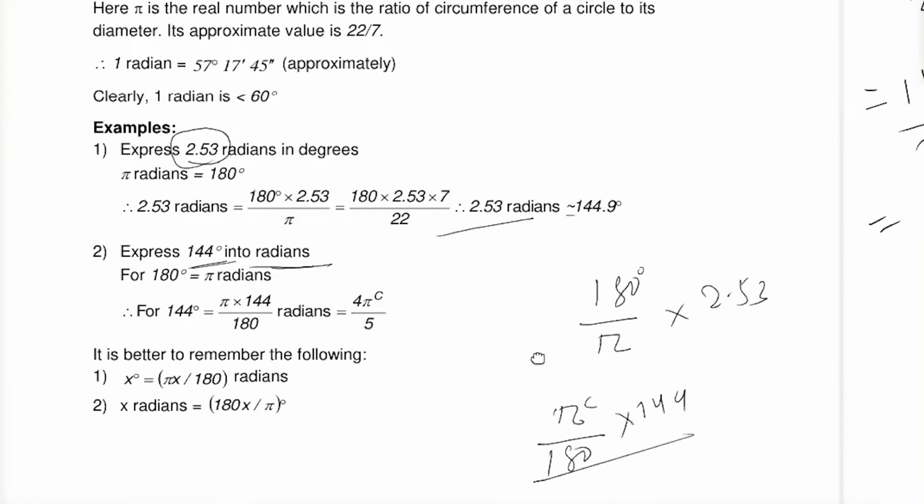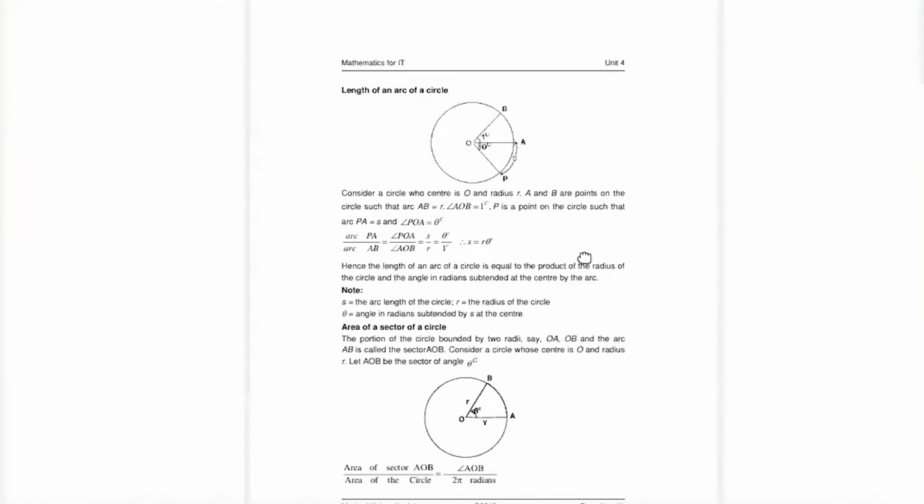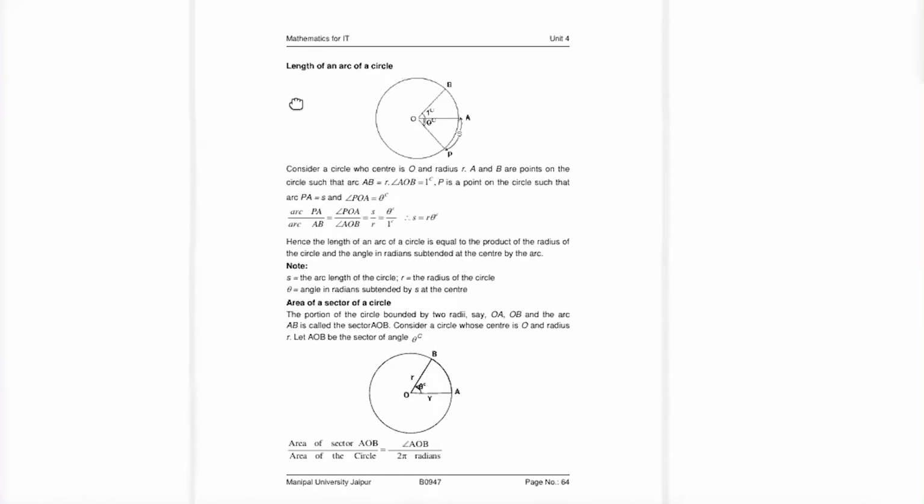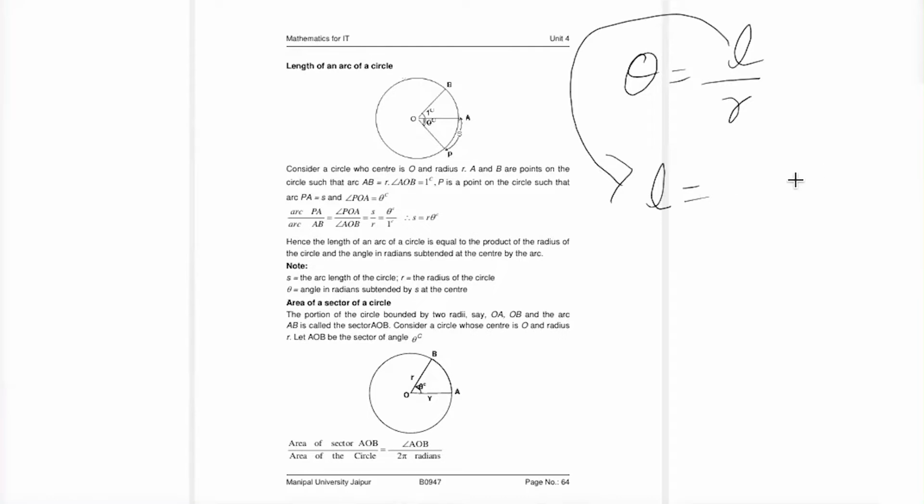Now moving to the next part, length of the arc. I already mentioned how to calculate it. There is a very easy formula: theta is equal to L by R. But if you want to calculate L, it will be theta R. So if you want to calculate arc length, always multiply theta with the radius, that means the angle with the radius.